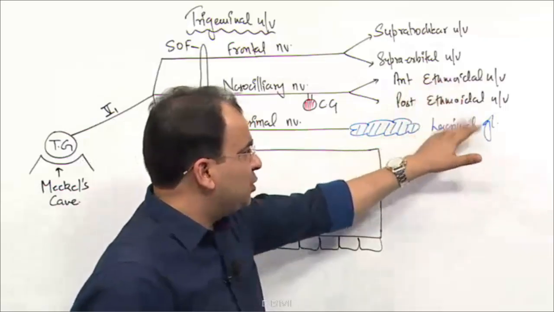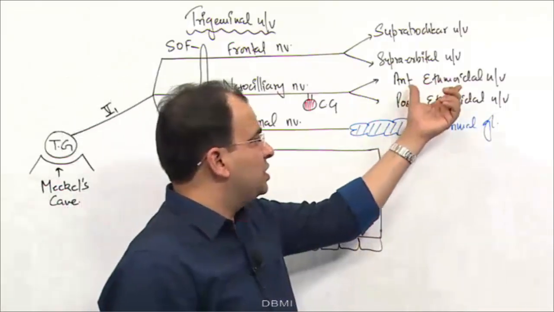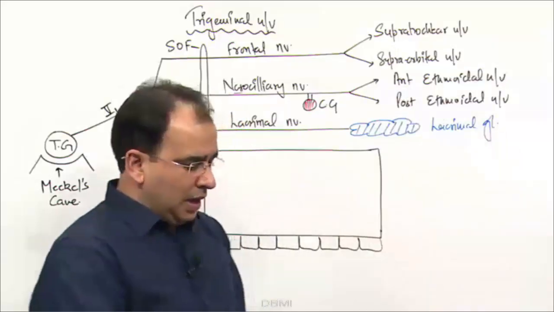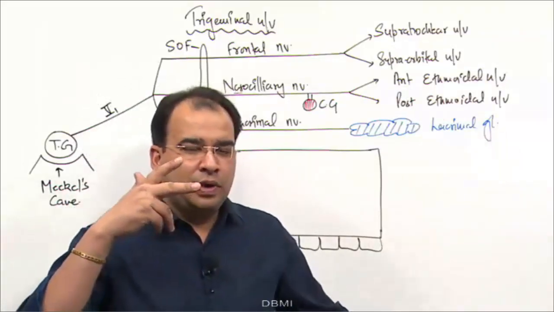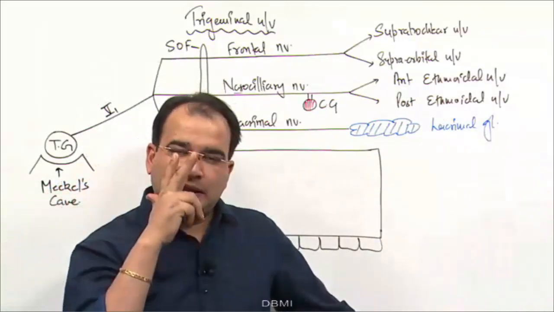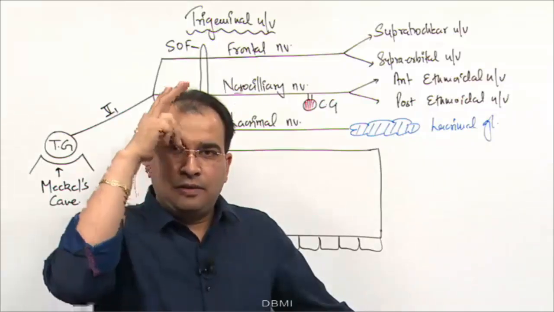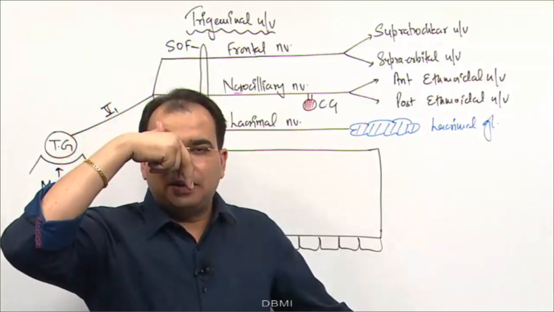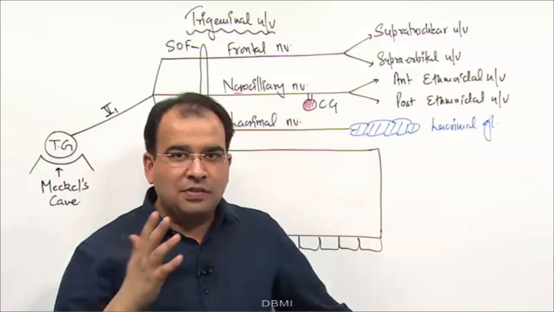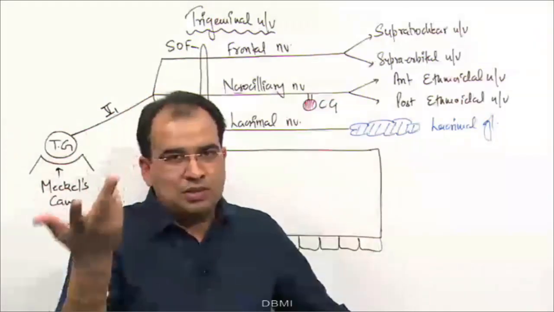Talking about the anterior and posterior ethmoidal nerves, they do ask questions, especially on the anterior ethmoidal nerve. Now guys, the ethmoidal nerve goes from the orbit inside the cranial cavity, and from the cranial cavity it comes into the nasal cavity. If any nerve is going inside the cranial cavity, what is it going to supply?